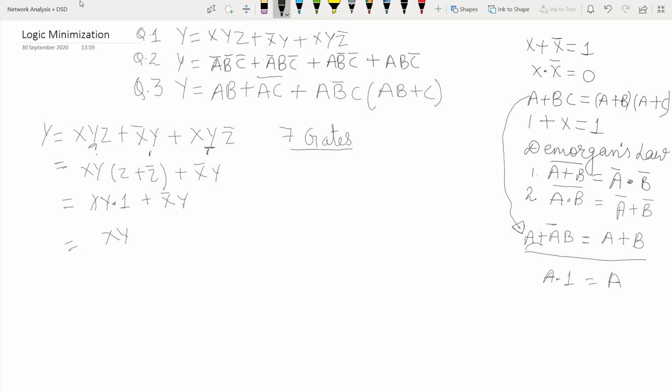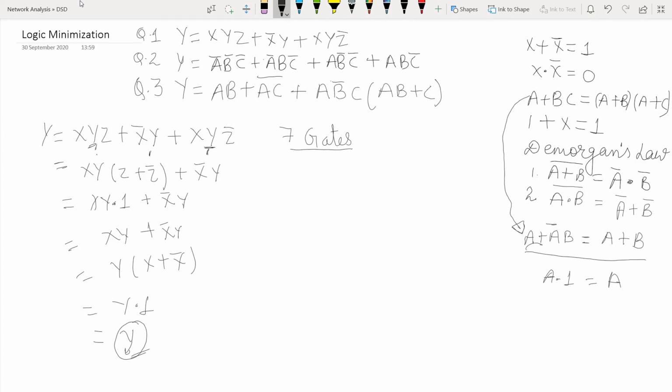This is AND law. So x y dot 1 is x y, plus x bar y. Now let us take y common from this. When we take y common, it is x plus x bar. Again x plus x bar is what? 1. So we got y dot 1, which is what? y. Right. So this is the minimized form.